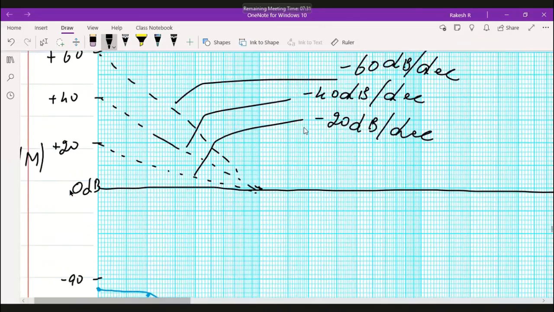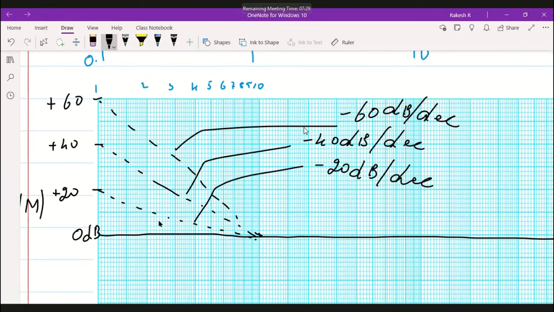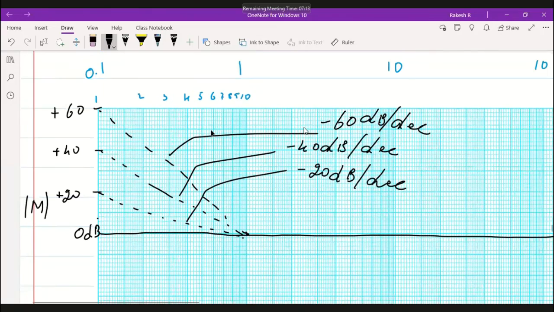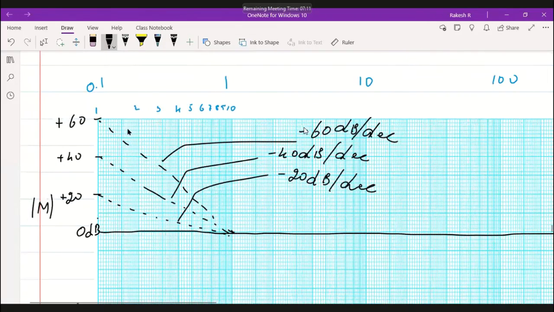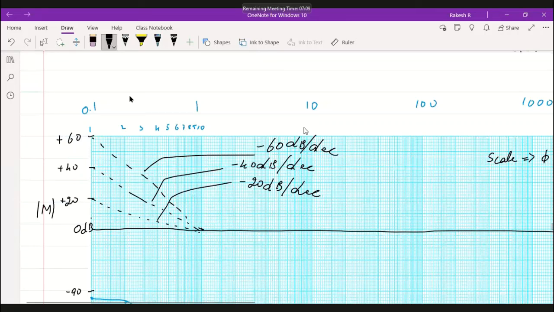So when you want to draw 6 dB, how much line do you need to cross? At least half. This is 10 divisions, this is 5 divisions, 5 above here like this. This is the point for 6 dB. You need to draw a horizontal line for that.